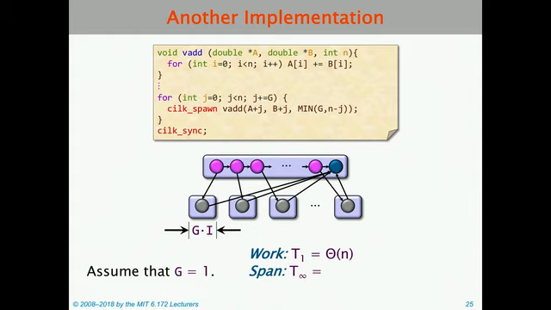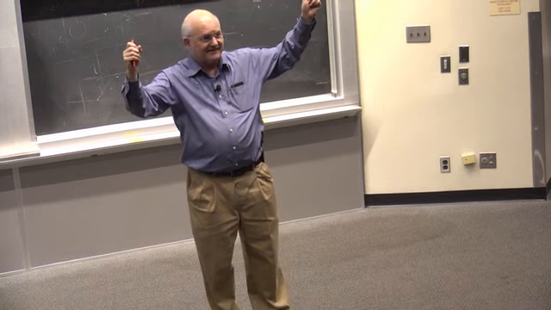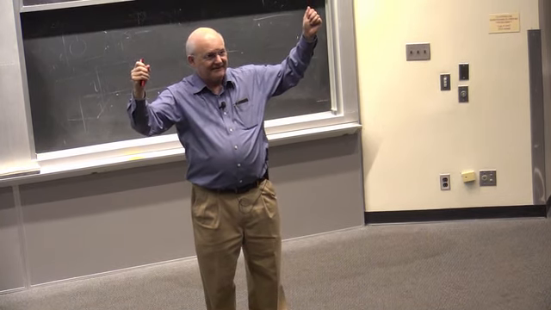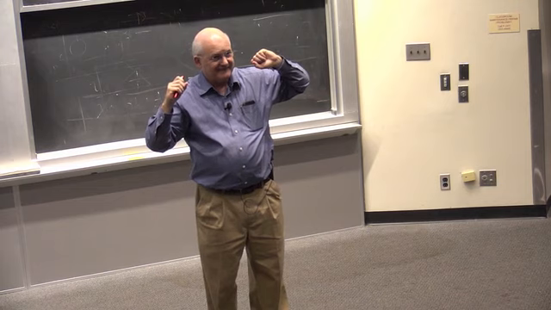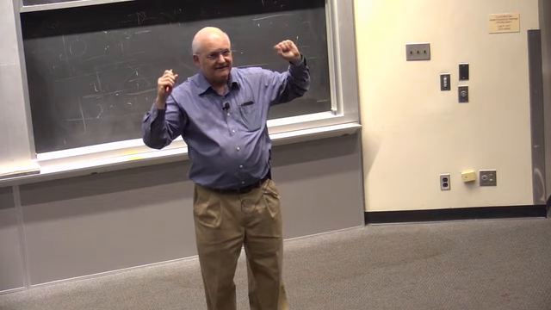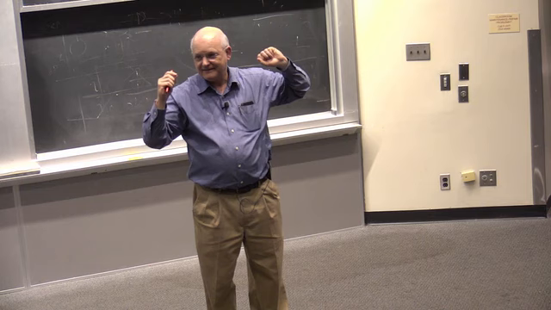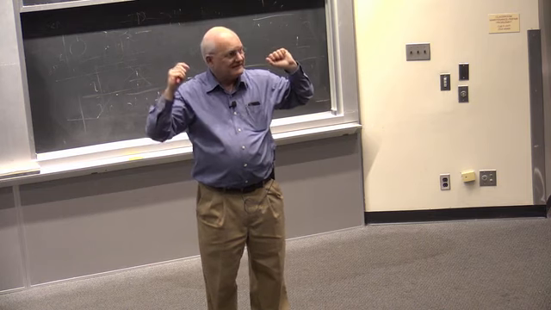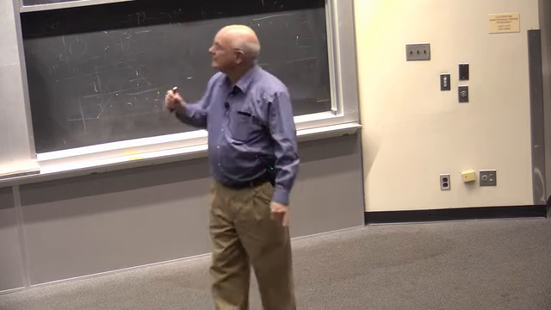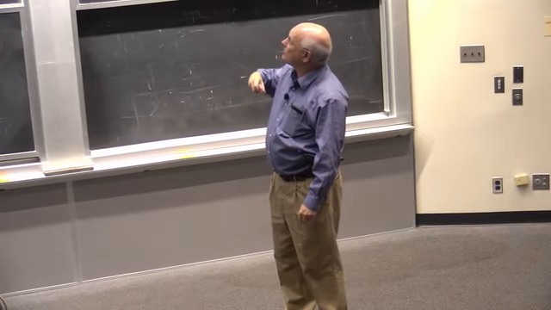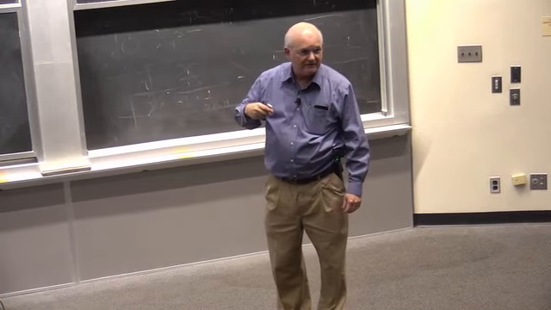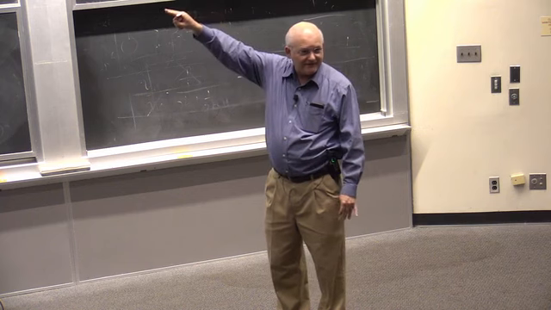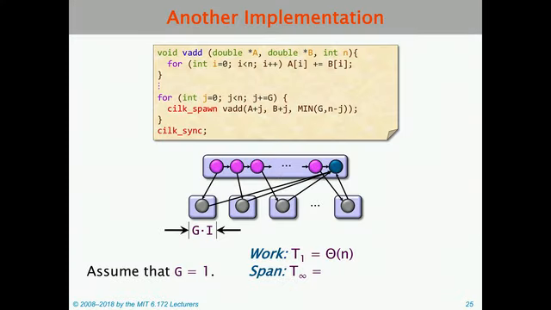But the span is the longest path in the whole DAG. So where does the longest path in the whole DAG start? Upper left, right? And where does it end? Upper right. How long is that path?